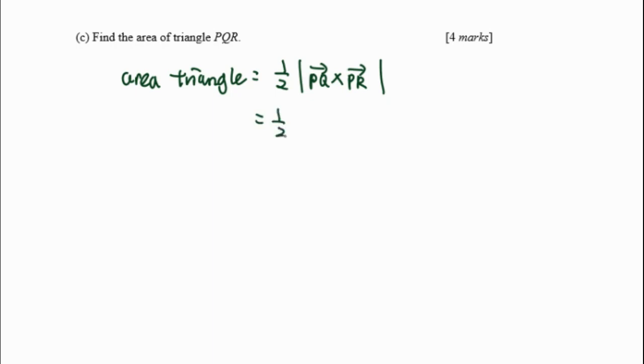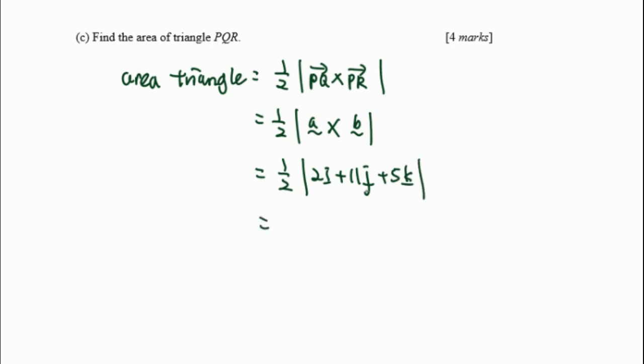So PQ here is represented by our vector A and PR represented by vector B. So in the question just now, we got A cross B, which equals 2i plus 11j plus 5k. So we're going to find their magnitude. It will represent our area of this triangle.